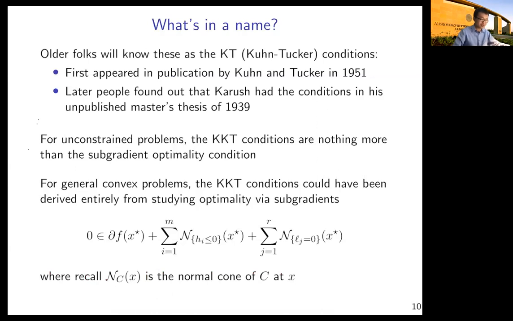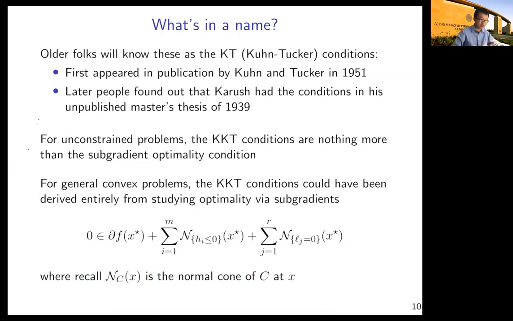They discovered this condition in 1951, and after their work was published, they later found out that some Indian guy whose name is Karush had already previously published the exact versions of this set of conditions in his master's thesis, like 12 years before the Kuhn-Tucker condition.